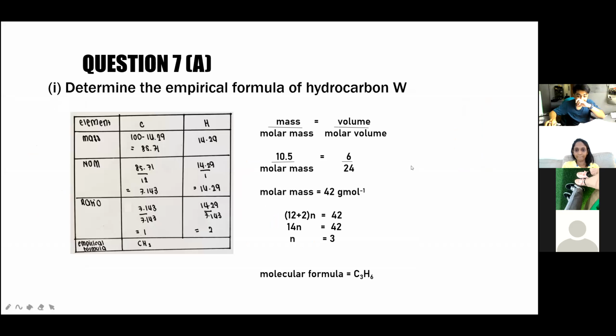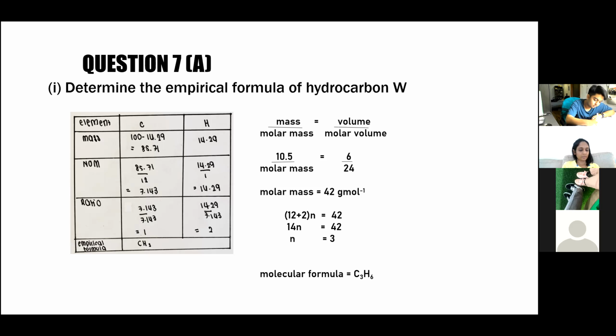Okay, so in the first question, they asked us to determine the empirical formula and the molecular formula of hydrocarbon W. So when we want to find the empirical formula, you need to know what the elements are. And in a hydrocarbon, you only have carbon and hydrogen, which is why in your table, you would separate it as carbon and hydrogen.